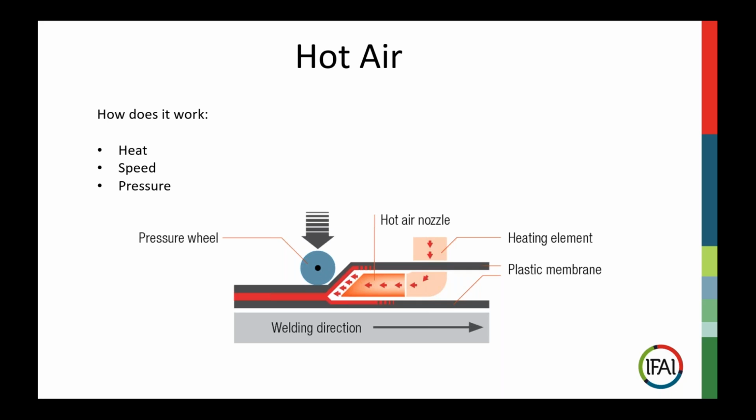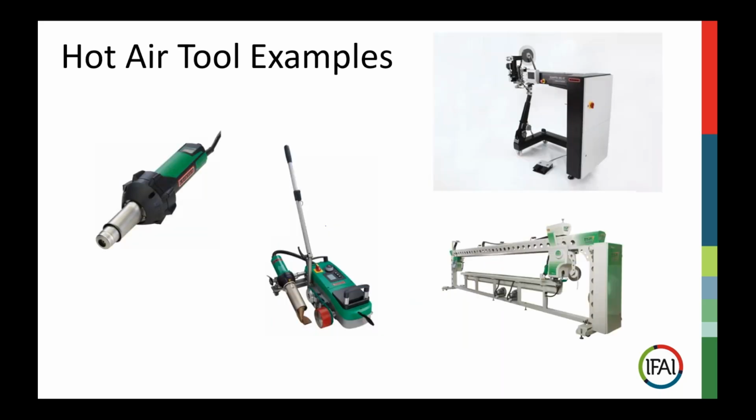Now that everyone understands how hot air welders work, I just wanted to go over a few of the different options you have. Starting with the smallest on the left is a standard heat gun, a handheld unit. Use this with a nozzle and a roller, and you can weld small detail work, patches, flashings.